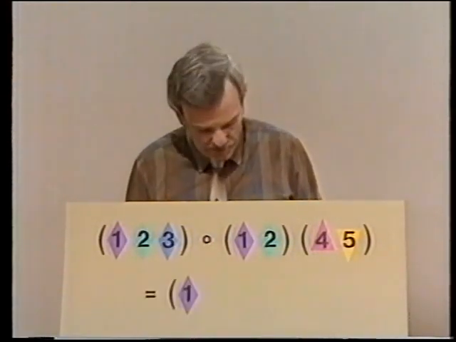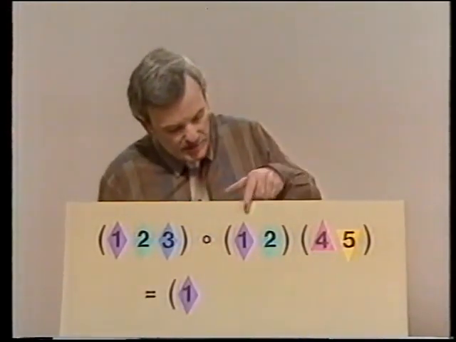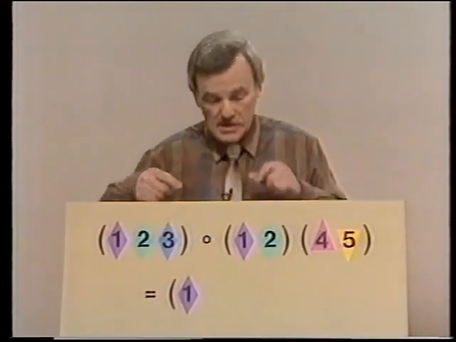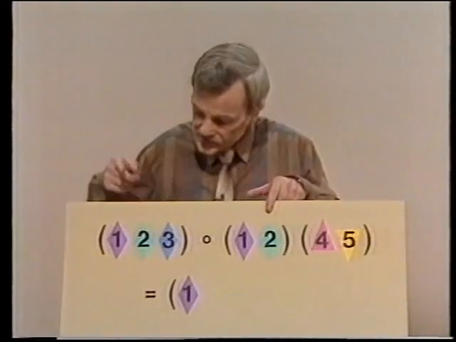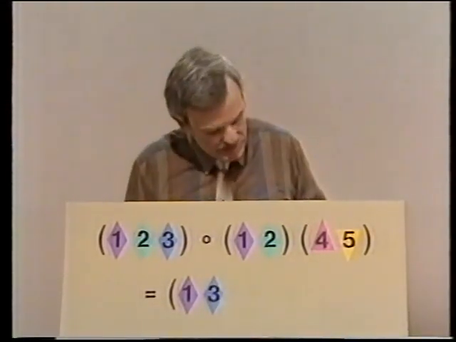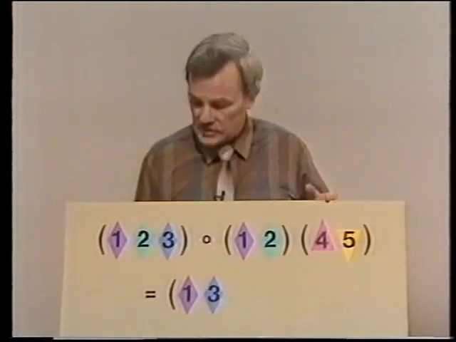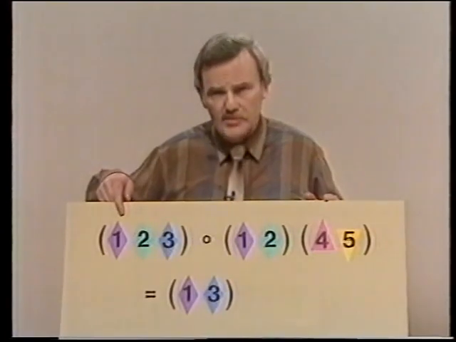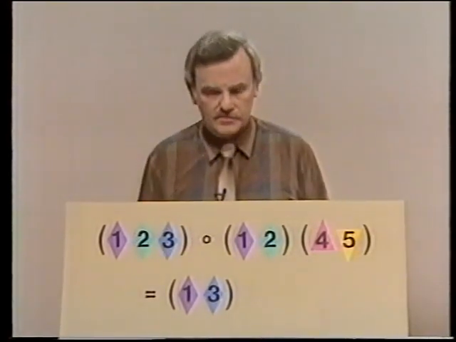Where does the symbol 1 go? Under this permutation, 1 goes to 2, and then this one takes 2 to 3. So in the composition, 1 goes via 2 to 3. Now look at 3. This permutation leaves 3 fixed, and this one takes 3 to 1. So the composition takes 3 to 1.